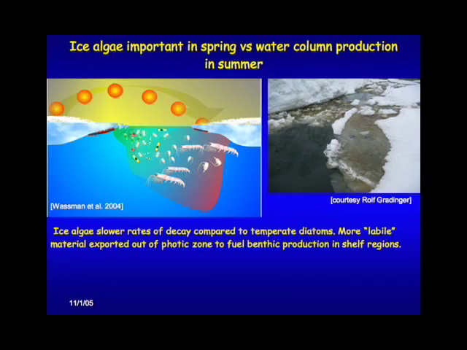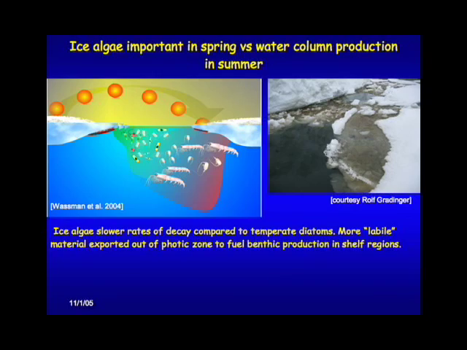And they do this before the zooplankton, which usually come a couple months later, can chomp on the phytoplankton and provide a secondary food source to the benthic community. It turns out that this initial input of carbon from the ice edge algae, as you see here, is very nutritious and very important to the benthic populations.